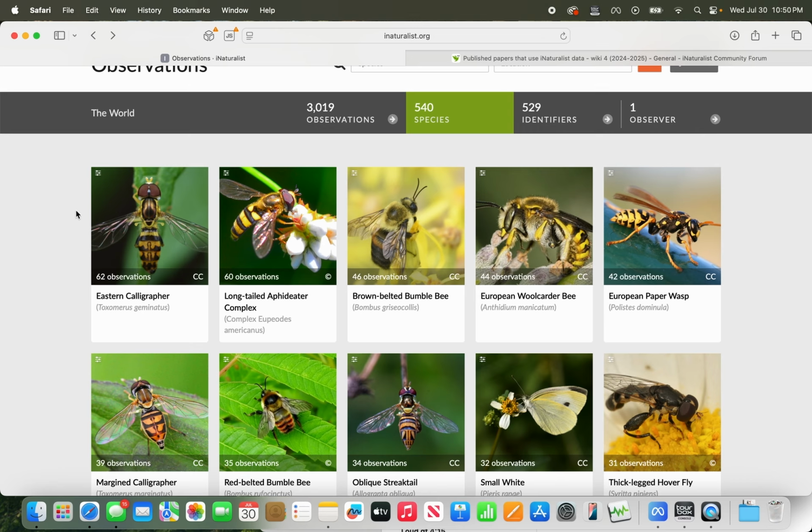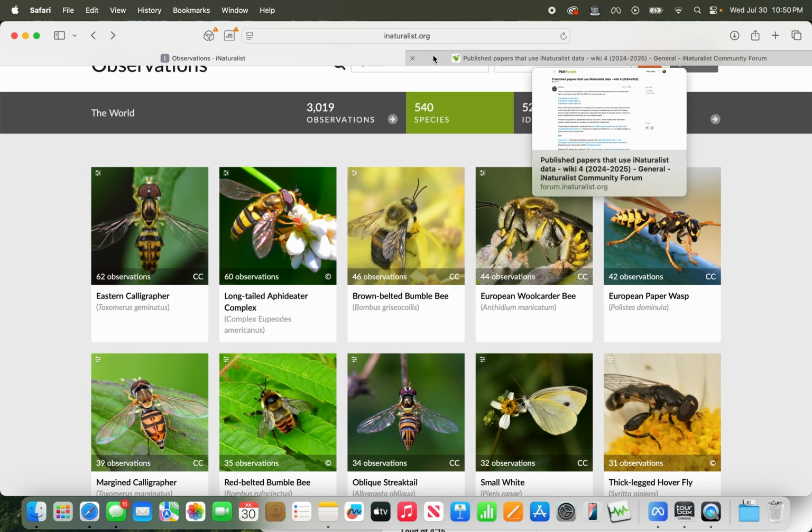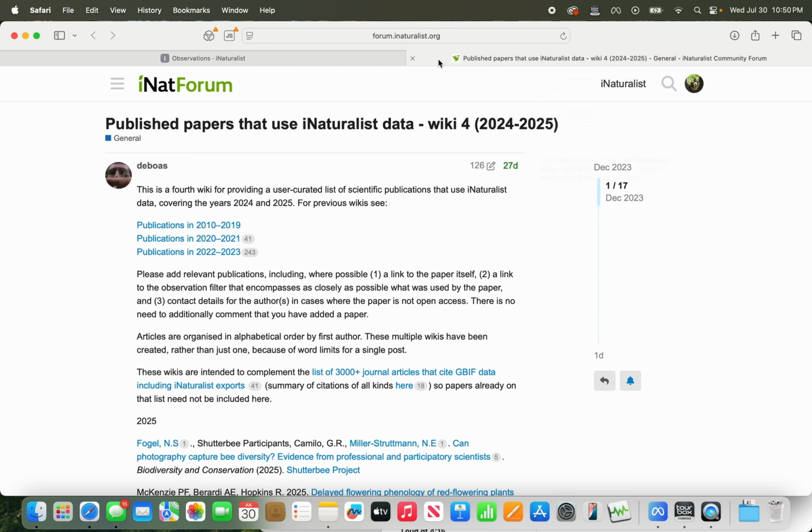Your observations will be used by scientists mostly in ways that are hard to kind of track because you become one data point amongst many others. But you can get a sense of the kind of science that iNaturalist is producing.